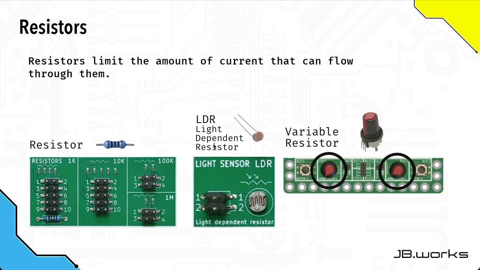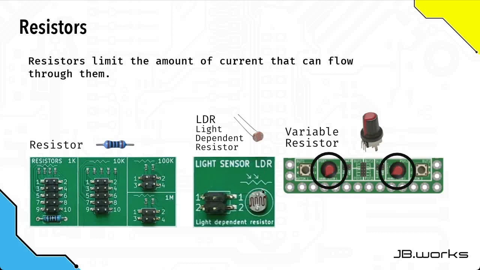Then we have a different type of resistor called a light dependent resistor, and what happens with these is that the amount of light falling on the resistor determines its resistance. If we go back to these ones over here, these 1K resistors will always be 1K, their value won't change, and likewise for the 10K, the 100Ks, and the 1 meg.